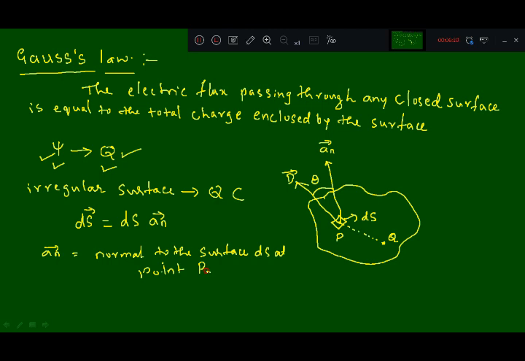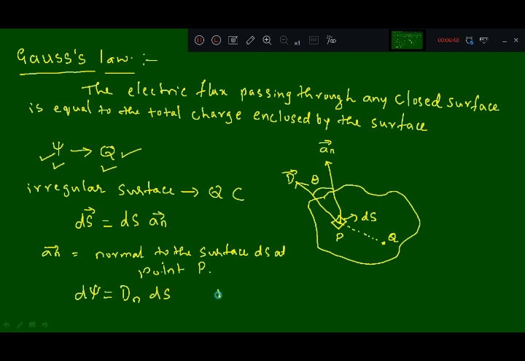Then the flux d phi passing through the surface ds is nothing but the product of Dn into ds. Mathematically, d phi is equal to Dn into ds. So what is Dn?